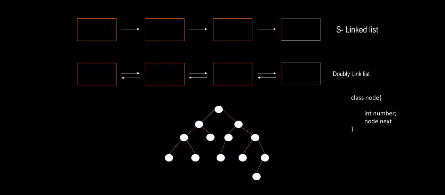Well, on the double linked list we have a node code. We can access data backwards and forward.